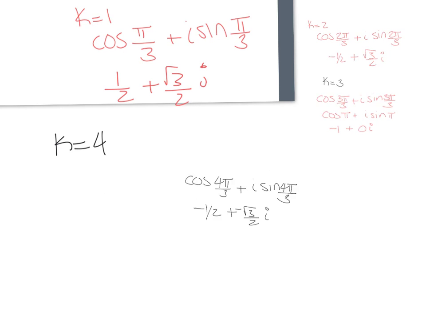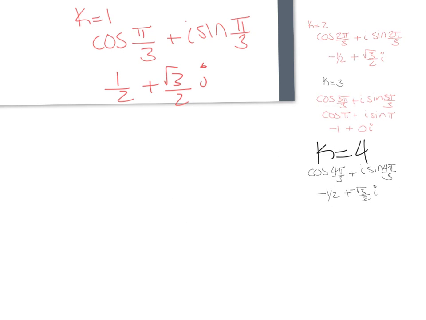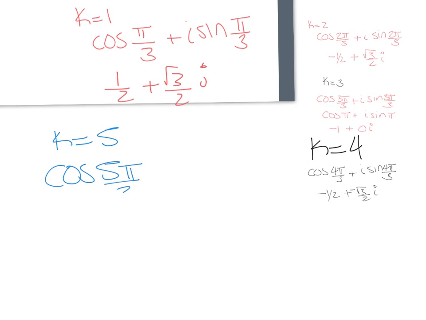And now lastly, we're going to look for k equals 5, because we're going to n minus 1, 6 minus 1 is 5. So now we're going to do cosine 5 pi over 3 plus i sine 5 pi over 3. And cosine at 5 pi over 3 is a half, minus sine at 5 pi over 3 is radical 3 over 2i.